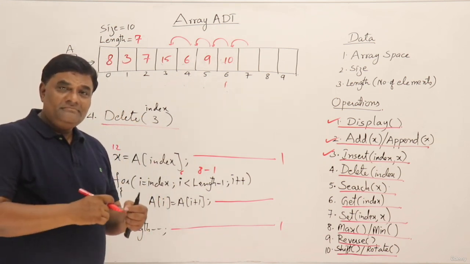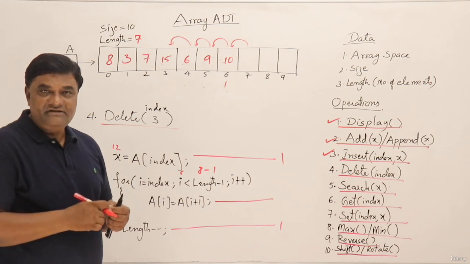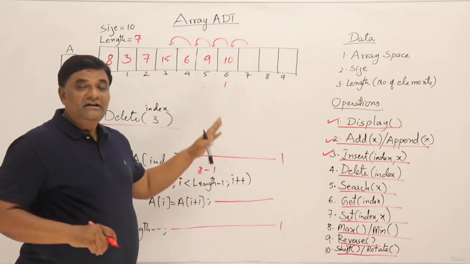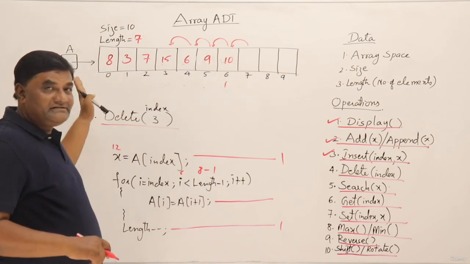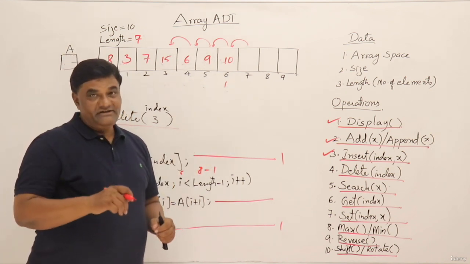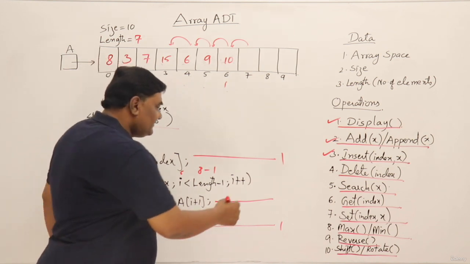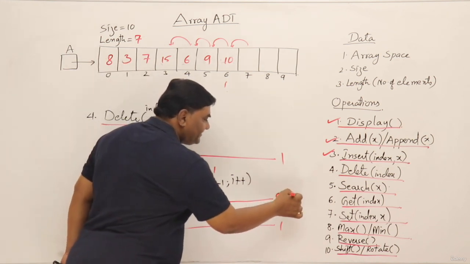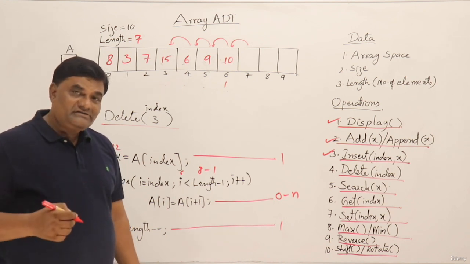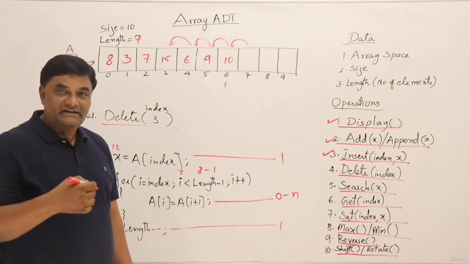Minimum 0 elements are shifted. If I was deleting the last element, then nothing has to be shifted. If I am deleting the first element, that is index 0, then all have to be shifted. So minimum shifting is 0, maximum shifting is n. So again, the minimum time is a constant and the maximum time is n.